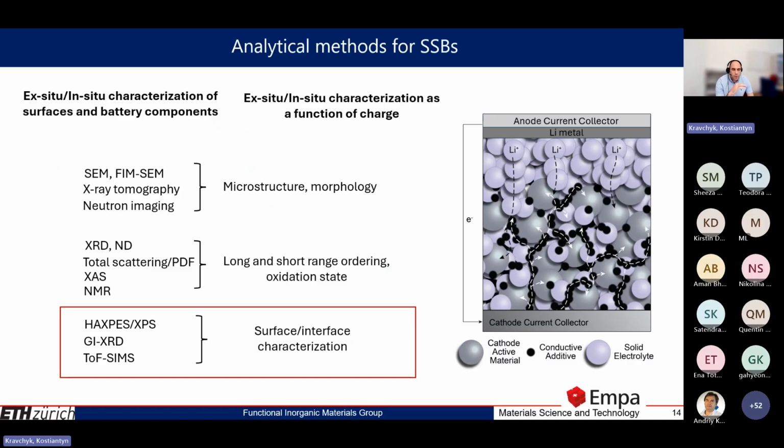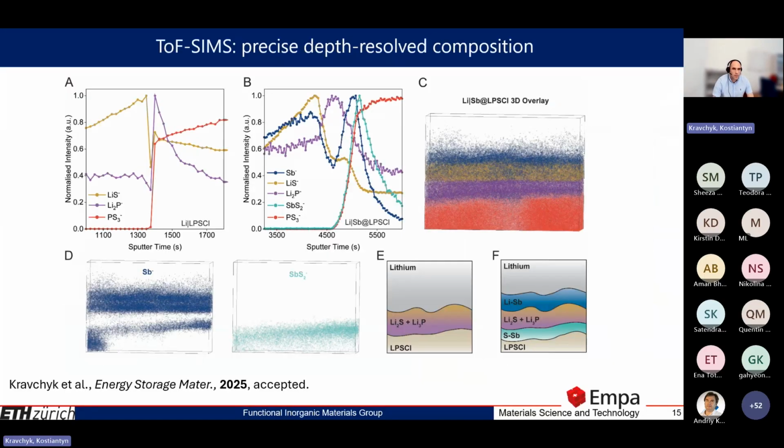And so finally, let's move to the third pillar of our analytical methods for solid-state batteries, surface characterization. I'd like to start with TOF-SIMS, time of flight secondary ion mass spectrometry.